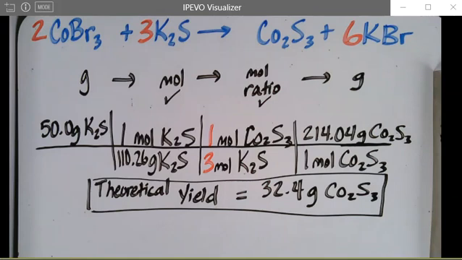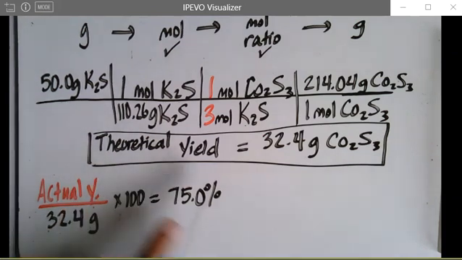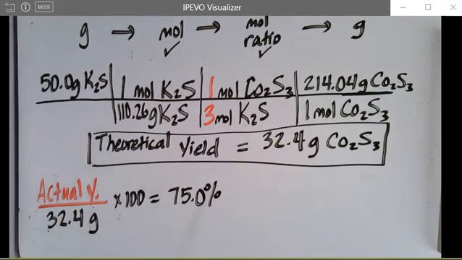So all this requires is some simple algebra. See if you can set up your equation. Notice how this time, instead of solving for percent yield, we're solving for the actual yield. So now you just need to do the math to determine what the actual yield is.